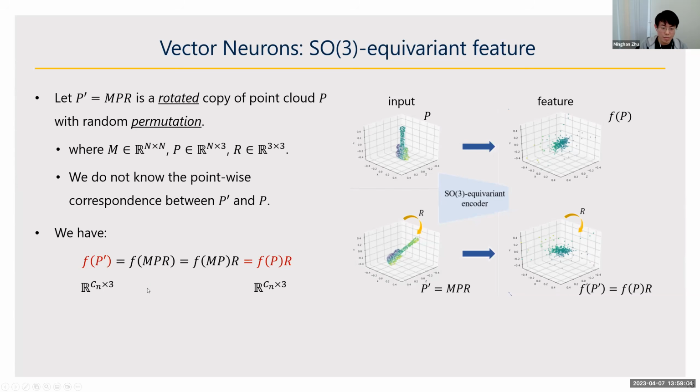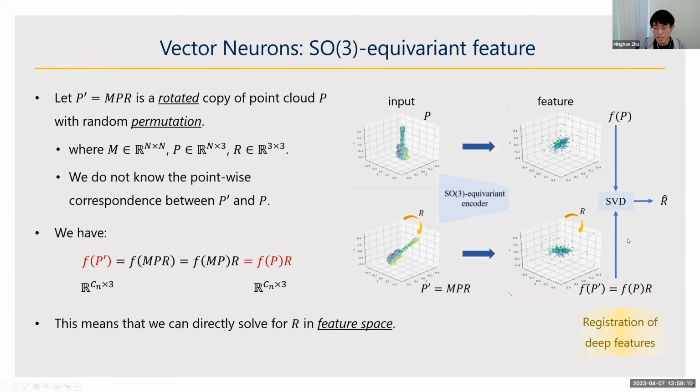That is, F_P prime equals F_P R. So now this has a very nice property, because given these two matrices related by R, we learned in this class that we can apply SVD on these two feature matrices to obtain the final rotation. That is, we can conduct a point cloud registration, but not in the Euclidean space, but in the deep feature space, because the features are related by a rotational matrix. And this is a work that in our lab, we built a point cloud registration work based on this nice property.